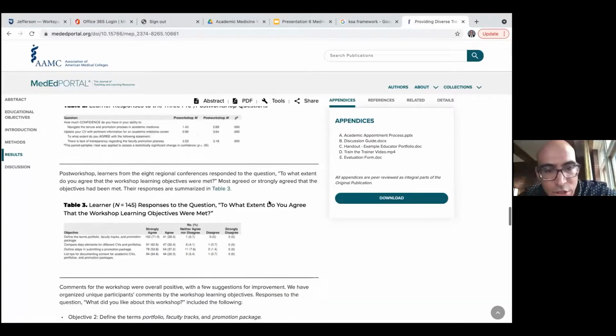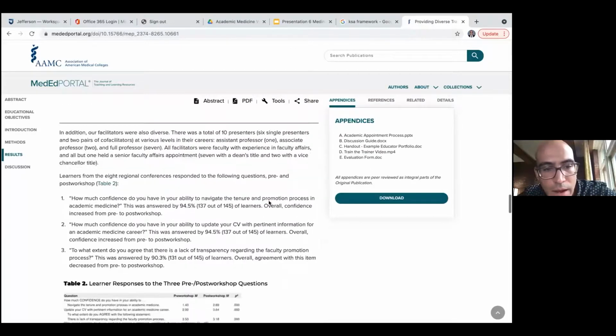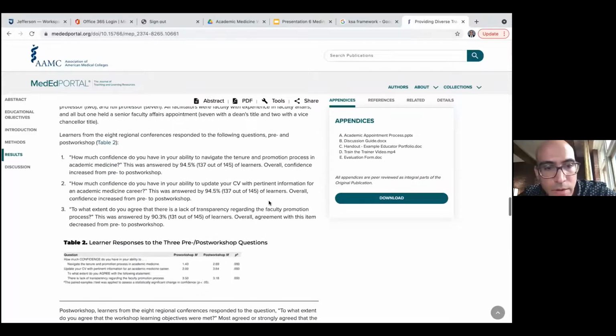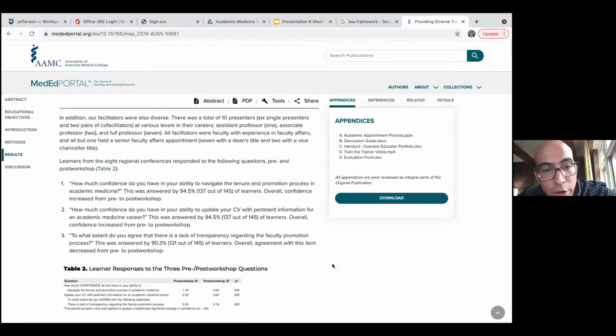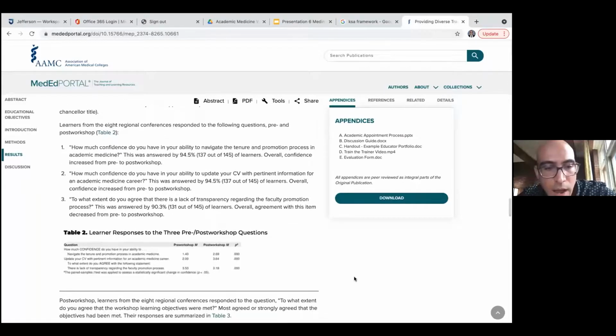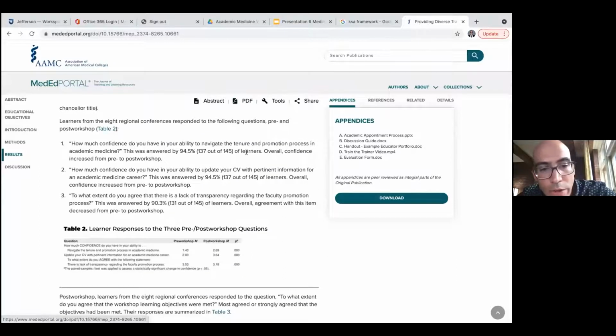So, again, this is just to show how you could capture, in this case, not learning, but confidence attainment, pre and post workshop, going through your connection of the objectives to a specific framework, in this case the Kirkpatrick pyramid, and a more perception or confidence-building level 1.